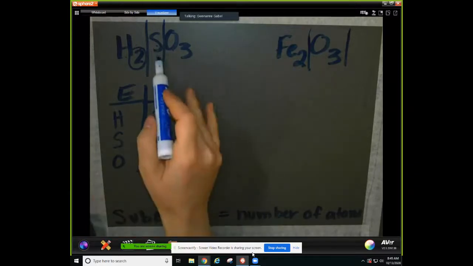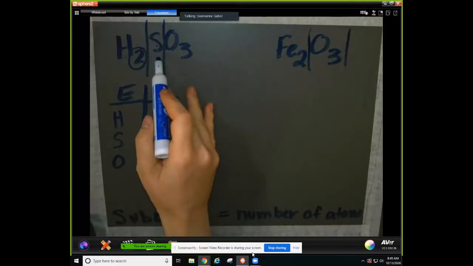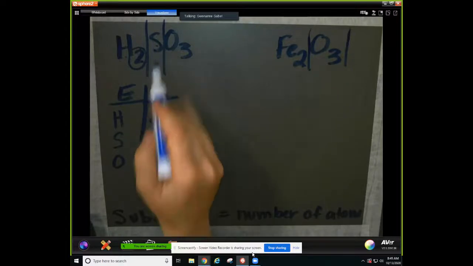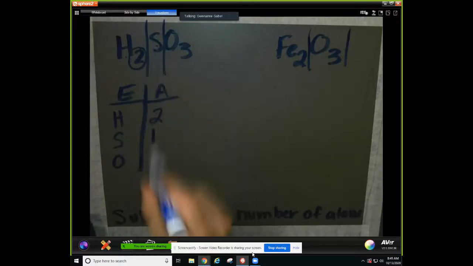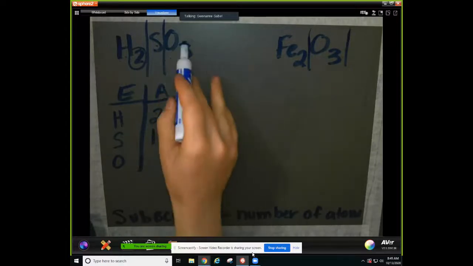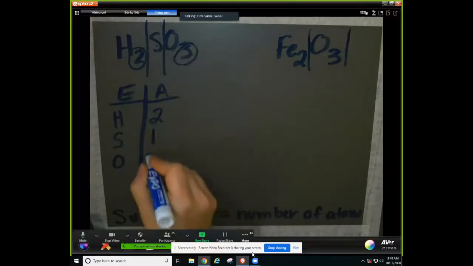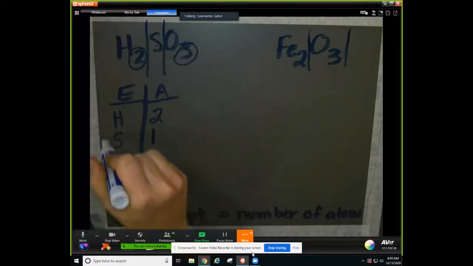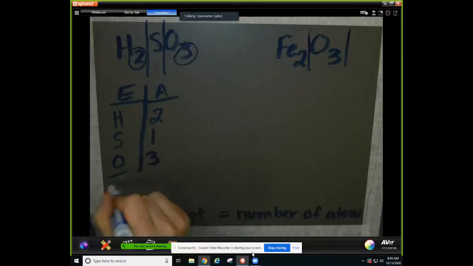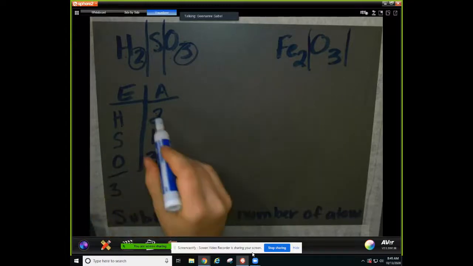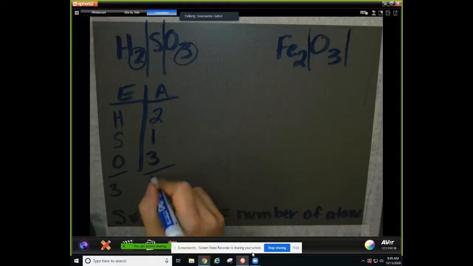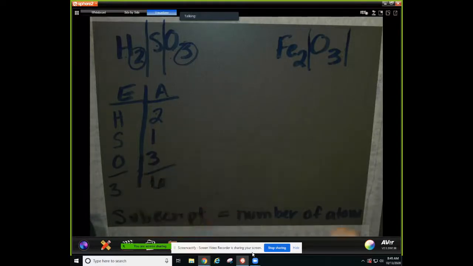When there is no subscript, it means that there is one, okay? There's one. And then oxygen has 3 atoms. So I have 3 total elements, and I have 3 plus 1 plus 2, 6 total atoms, okay?